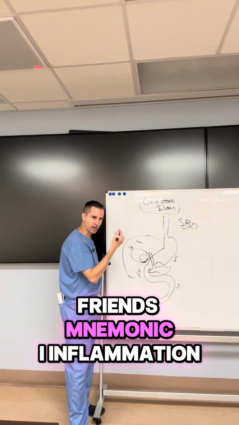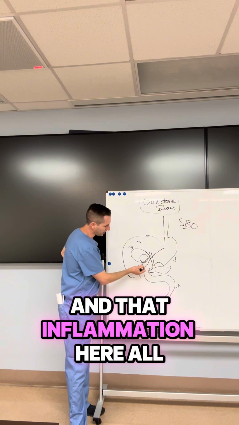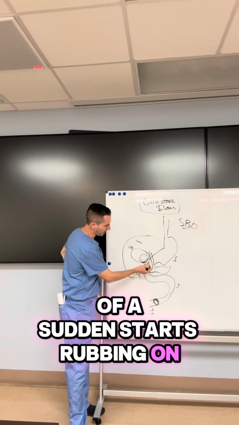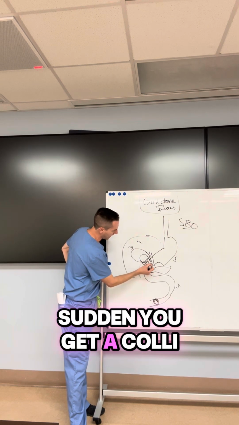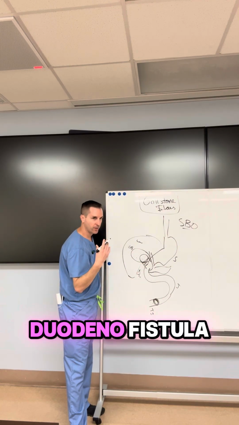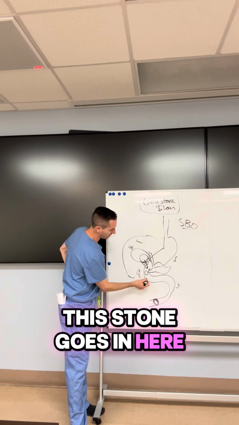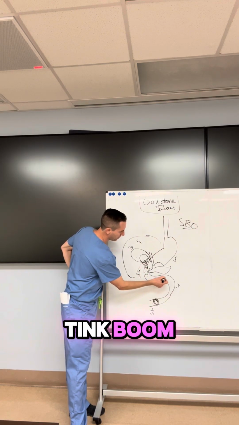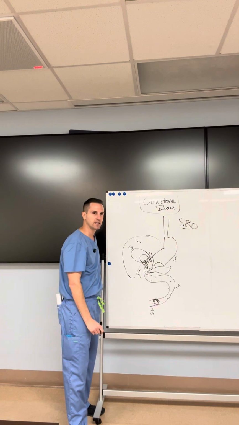Again, Frenz mnemonic, inflammation. And that inflammation starts rubbing on the duodenum, and then all of a sudden you get a choledochoduodenal fistula. Then this stone goes in here, and it goes ding, ding, ding, boom, bing, bong, until it gets stuck.